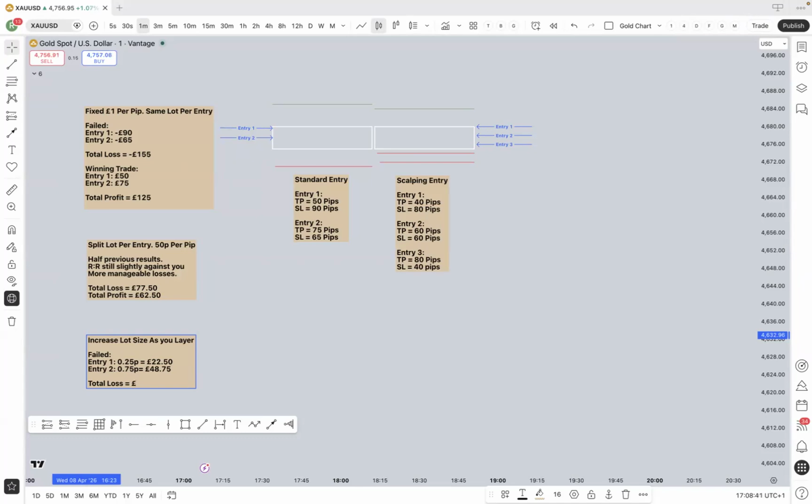So you can see that's dropped again in terms of your total loss up here, £155 or £77.50. Okay, so now the amount of money potentially leaving your account is less again than it was previously. Okay, now winning trade.